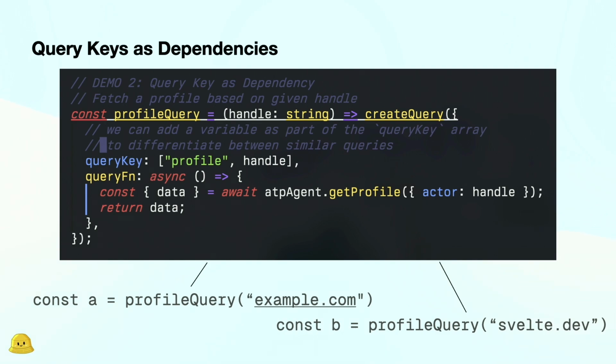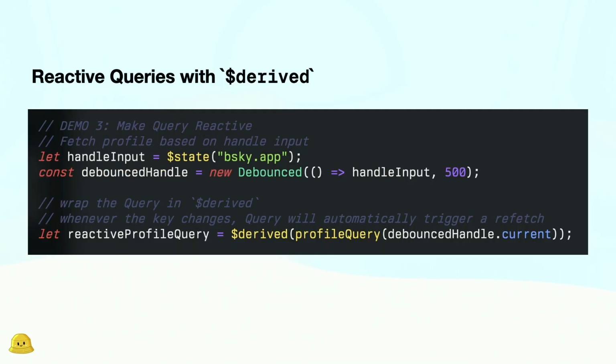So instead of doing const a equals create query, we could just create a more generic function here that passes a handle, and we could just add the variable into the query key array to make it more specific. And then from here, we can go ahead and do multiple variables, const A and const B, passing in different handles. And those will be siloed correctly.